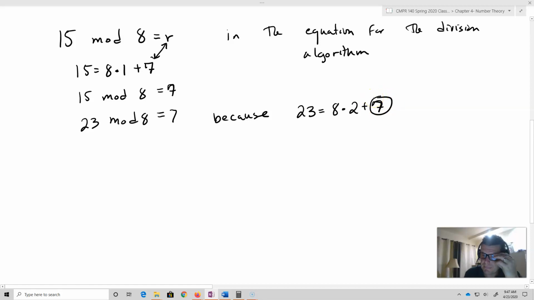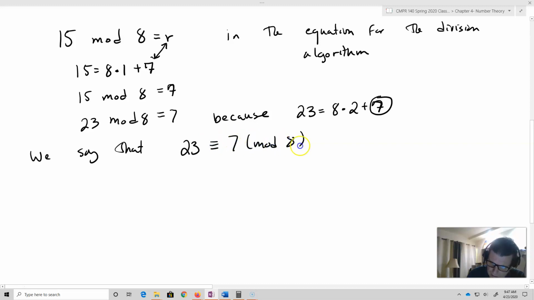In fact, anytime we take any one of these numbers and we add or subtract 8, we're going to end up with something that mod 8 is going to equal 7, and so it's equivalent to 7. So we say that 23 is equivalent to 7 mod 8, and 15 is equivalent to 7 mod 8.